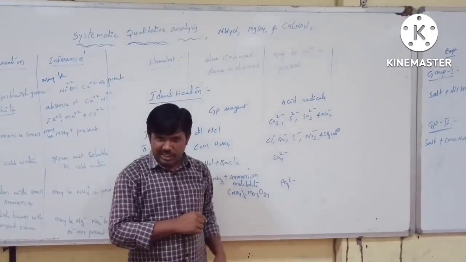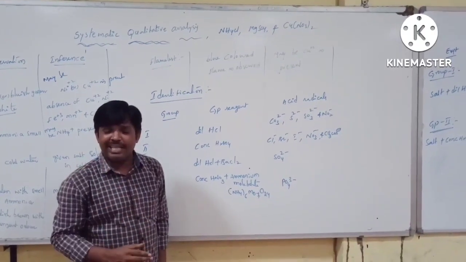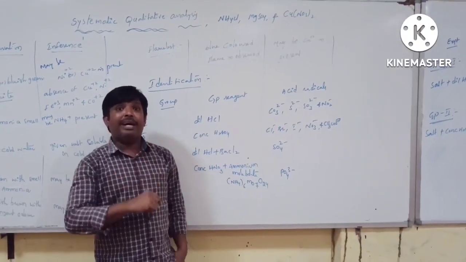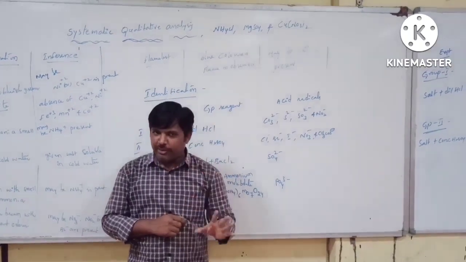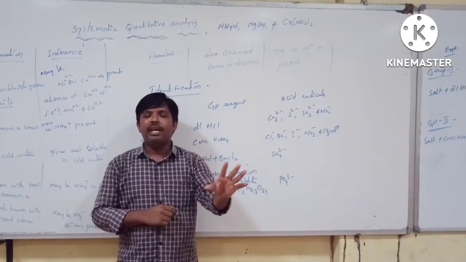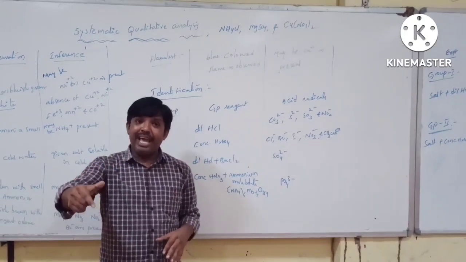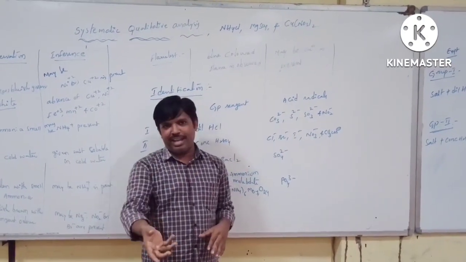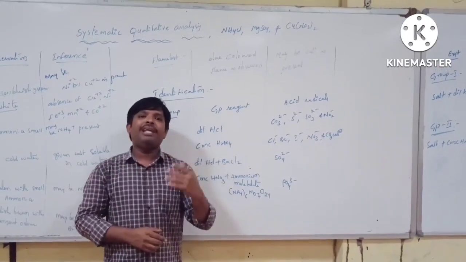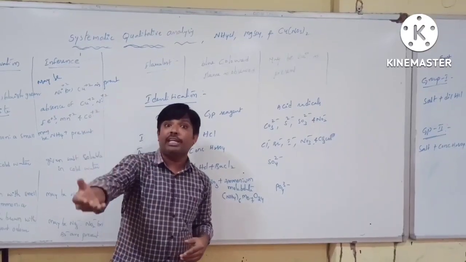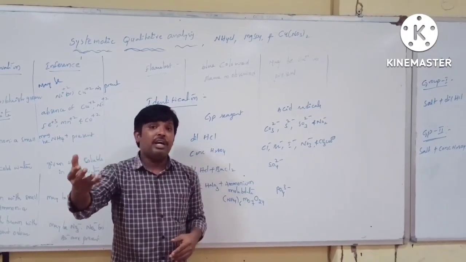Why acid radicals? Anions are called acid radicals, cations are called basic radicals. Why? Because during inorganic salt formation, cations come from bases and anions come from acids. We know that in a neutralization reaction, an acid reacts with a base and a salt is formed.